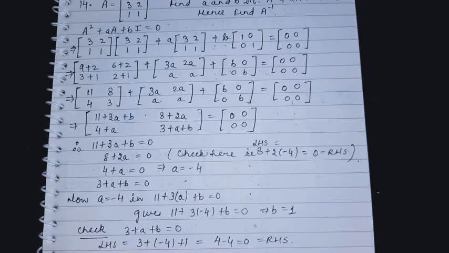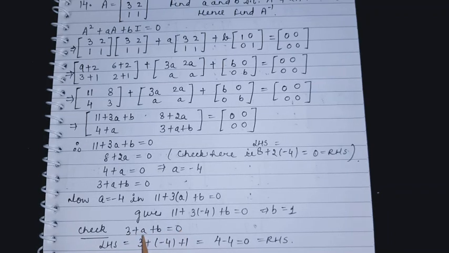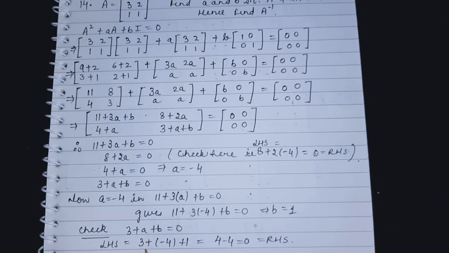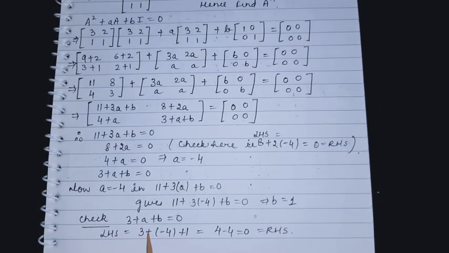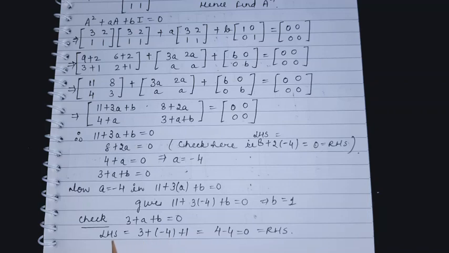Our next relation is 3 plus a plus b equals 0. a is already with us, which is minus 4, and b is also with us. We are only checking it. So 3 plus the value of a plus b, which was 1. So this was our left hand side. Let's solve it. 3 minus 4 is minus 1, and minus 1 plus 1 is 0. So yes, we are getting our right hand side.